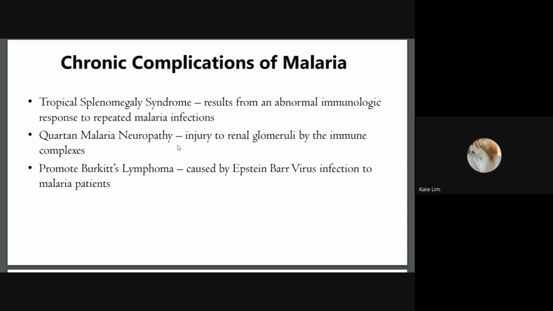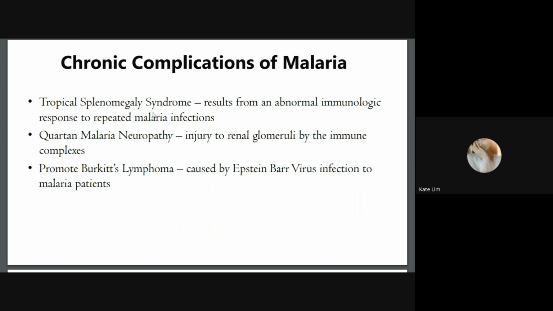Okay, so here we have conditions that often arise from the body's prolonged response to the parasite, what we call chronic complications of malaria, which highlight just how serious the long-term effects of malaria can be. I have already discussed bullet number one, tropical splenomegaly syndrome.